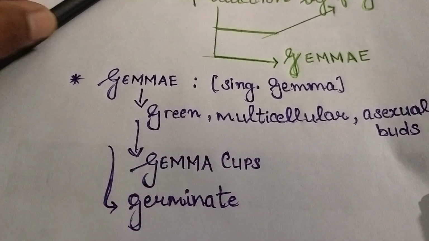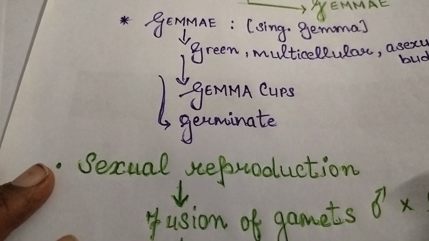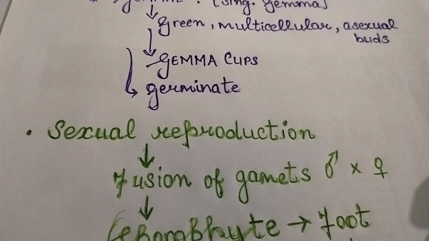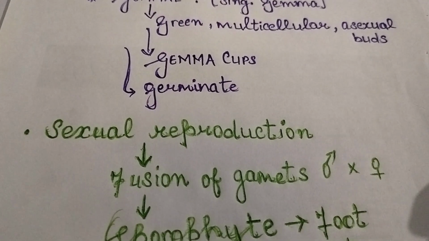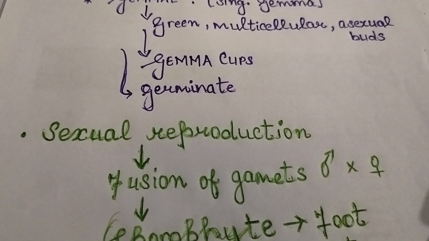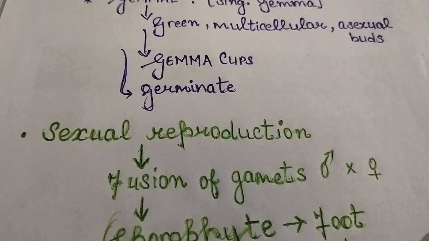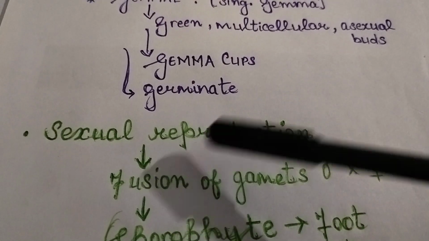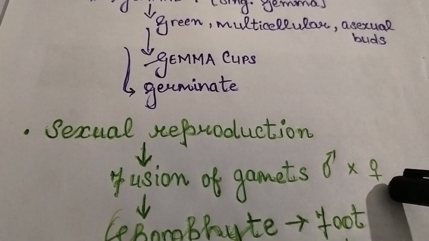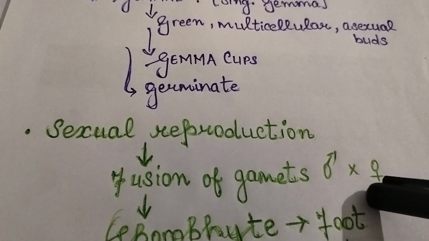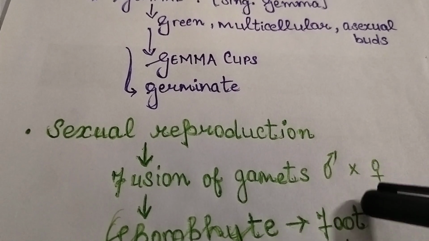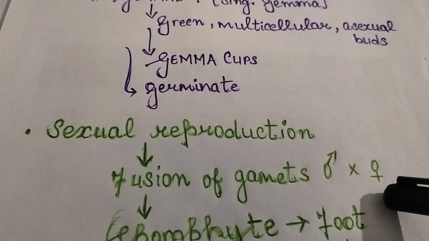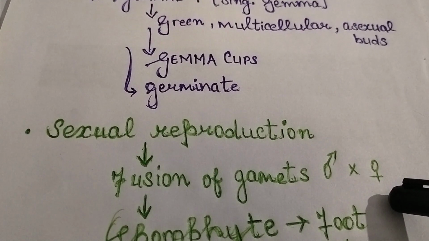Now coming to sexual reproduction, we have all studied it many times. In Bryophyta we have studied the whole sexual cycle. What happens? Male and female sex organs are produced either on the same or on different thalli. In sexual reproduction, fusion of male and female gametes will take place, and these male and female gametes will be produced in male and female reproductive organs respectively.